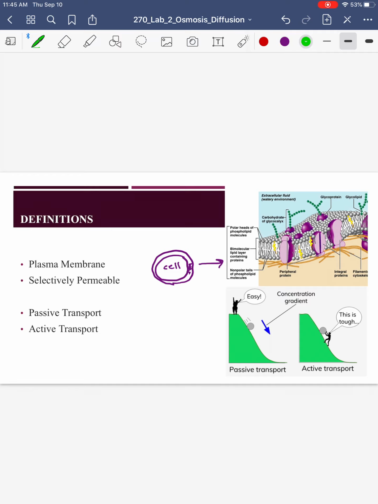So we have 2 layers of phospholipids. The heads face in and out, the tails face in, and there are some things interspersed in between. The idea is that it is selectively permeable. It will allow some things to diffuse in, but not others.